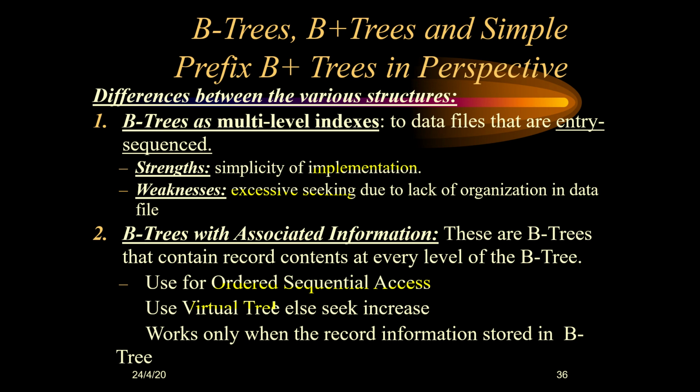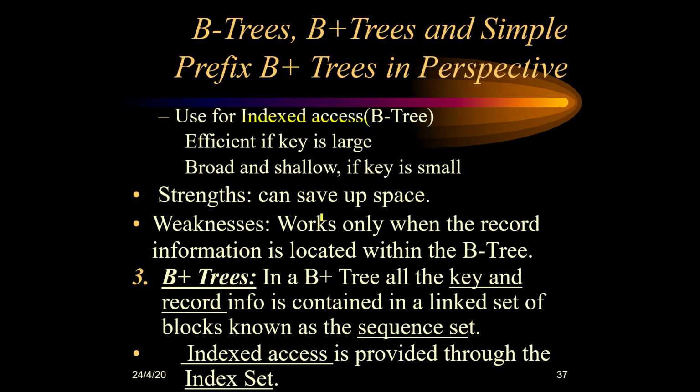It works efficiently only when the relevant information of a B tree is stored within the tree. The second type is indexed access, which is more efficient if we have a key which is large enough, having more data. If the key is small, having very little data, the tree will be broad and shallow.